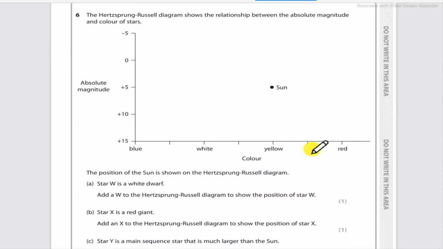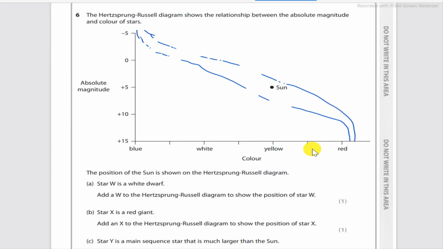First, we have to draw the Hertzsprung-Russell diagram or HR diagram. It is the main sequence star.